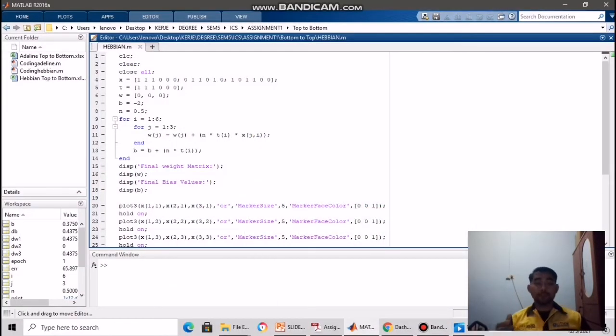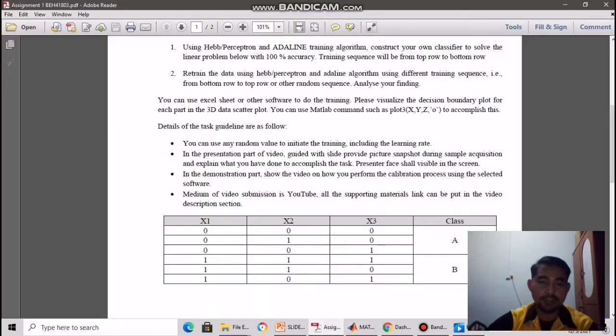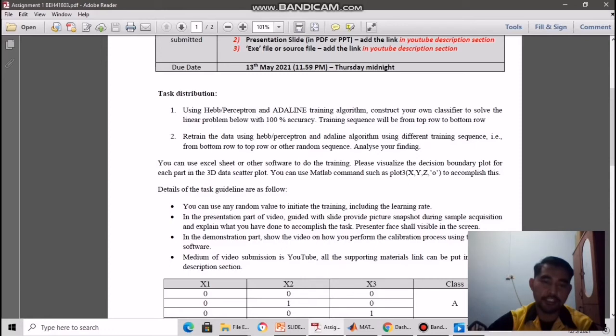Okay, let us proceed with the next one, where in the assignment we need to retrain the data using Hebb or perceptron and the Adaline algorithm using a different training sequence. Here we are given the option for our training sequence, that is from bottom row to top row.